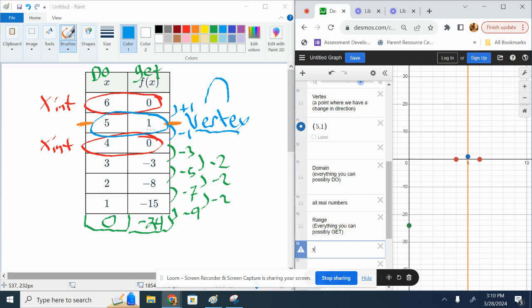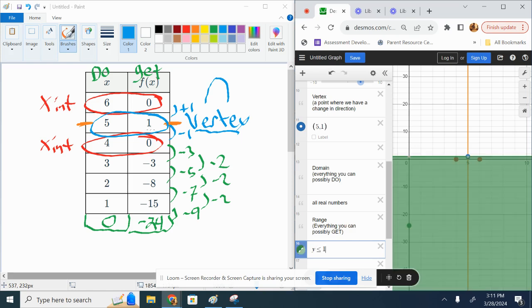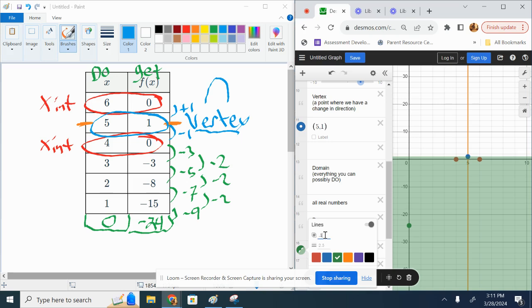So y is less than or equal to 1. Notice how it shades everything down there in the bottom. We can get values that are down there, but nothing bigger than 1. So when we make our graph, we want to make sure our graph is in this range and domain.